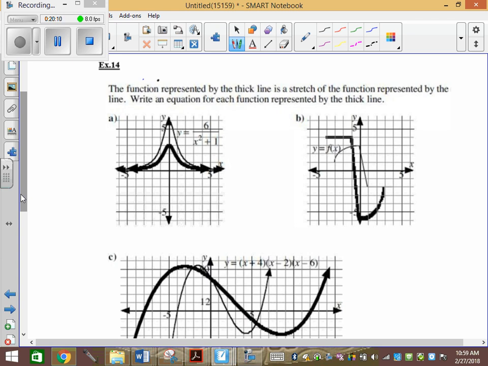Okay, so let's compare parts of the graph that are similar. The function represented by the thick line is the stretch, so that's the new one, right? The thin line's the original. It's obvious that this is flipped. Flipped where?